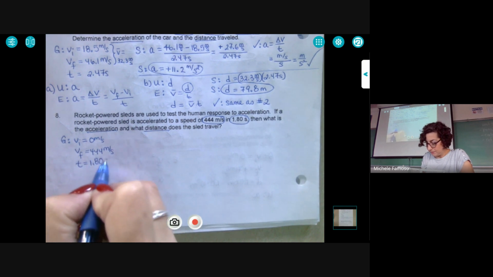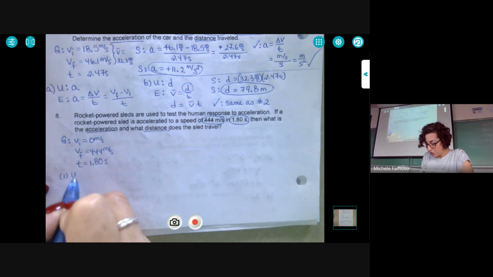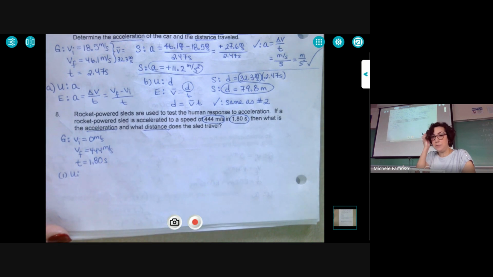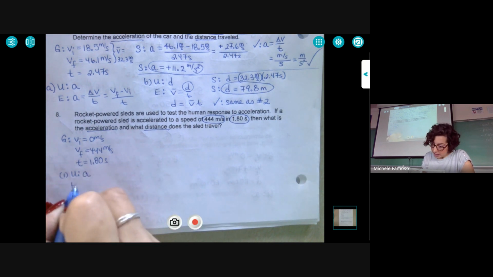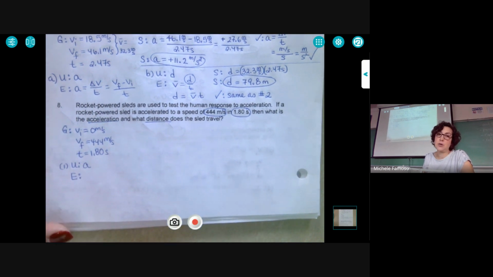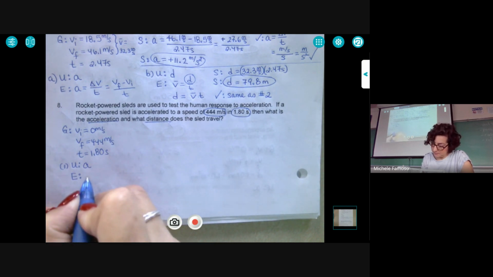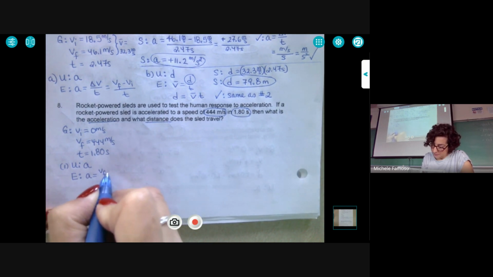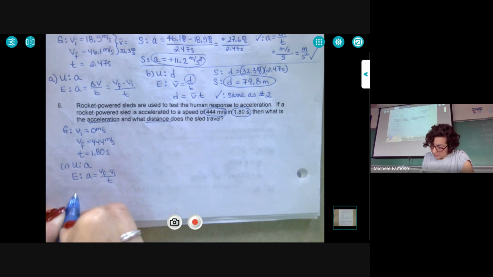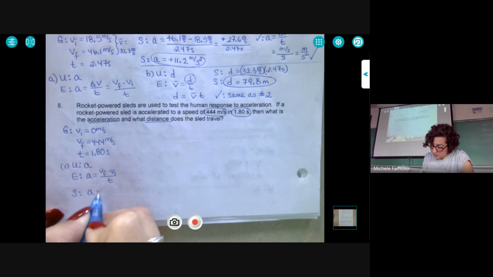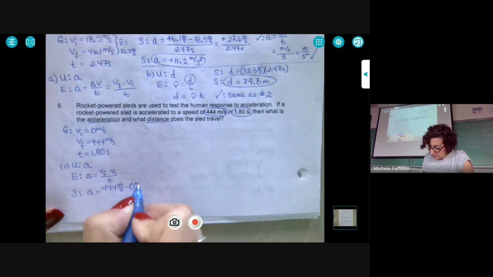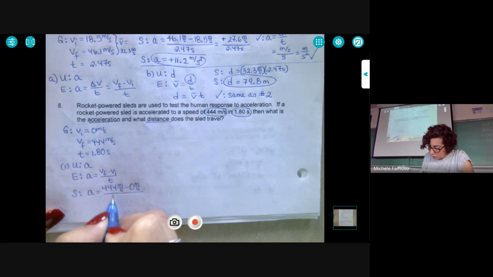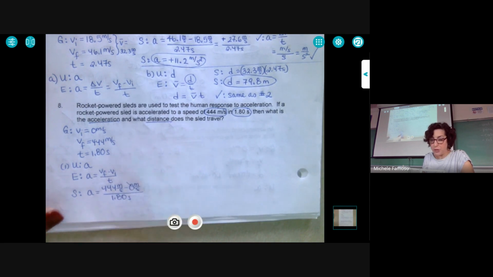Good. Okay, what is our first unknown, Emily? So lowercase a. All right, Hia, I need an equation that I can use to get lowercase a with those givens. Good. All right, let's do our substitution with units. So that would be 444 meters per second minus 0 meters per second, all over 1.80 seconds. The 0 you can ignore, right?